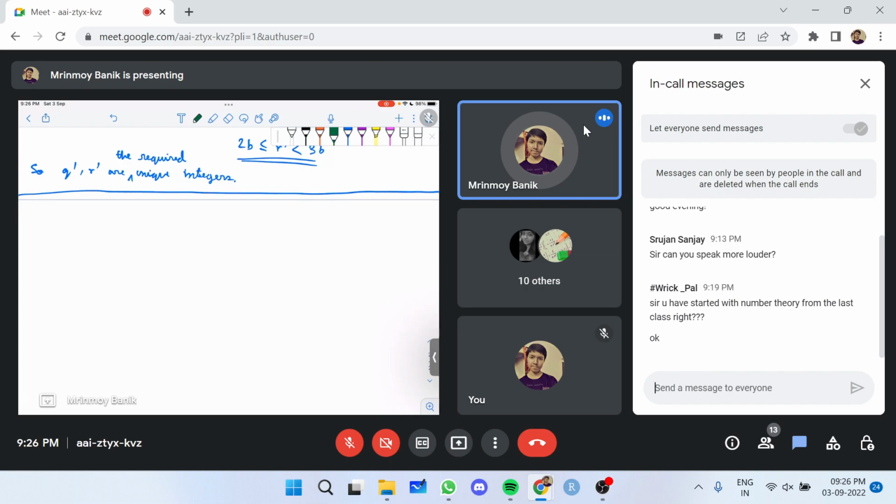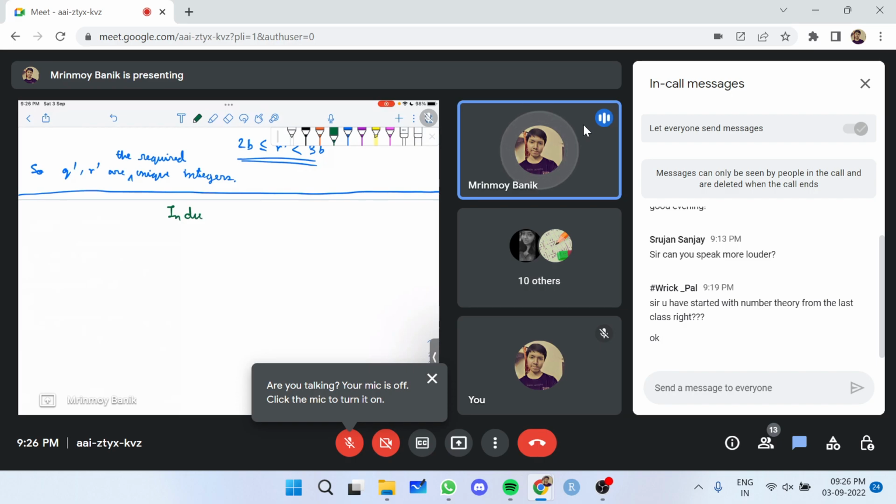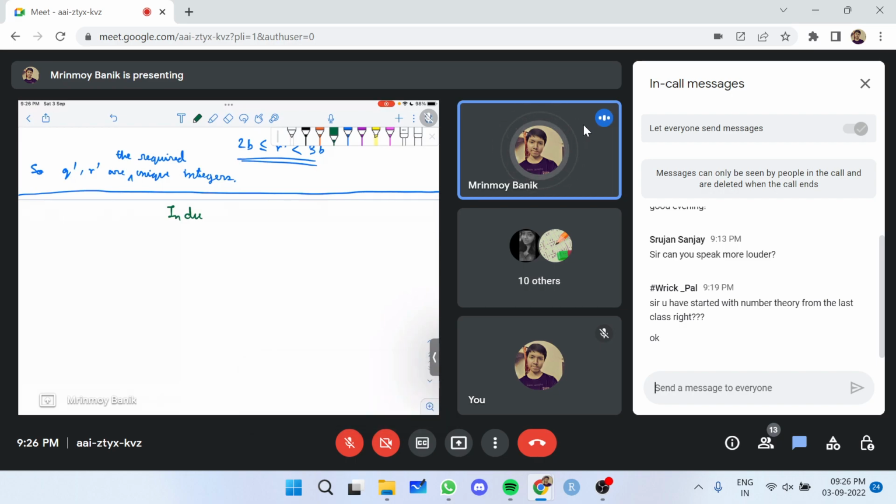Before we talk about Euclid's algorithm, I wanted to talk about induction and the well ordering principle. These are proving techniques which are very essential in number theory, in geometry, in combinatorics, or in any field of mathematics. It's just a very basic proving tool.